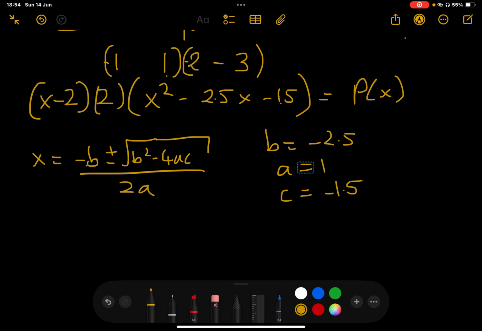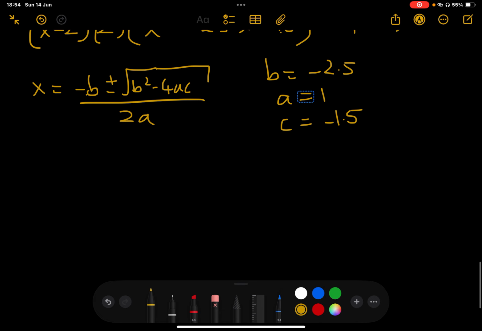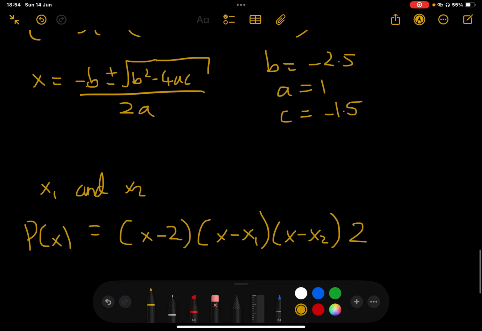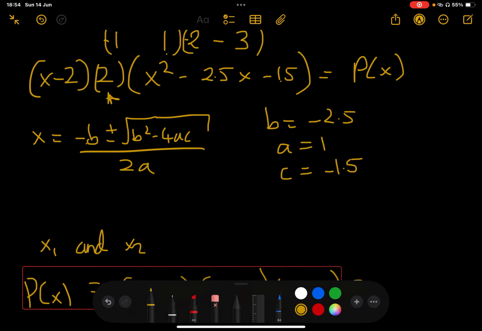And when we get the two values for x, so let's say we get two values, x1 and x2, then we know we can write p of x as this first factor, x minus 2, times x minus x1 times x minus x2, and then this 2 because I just took the 2 out.